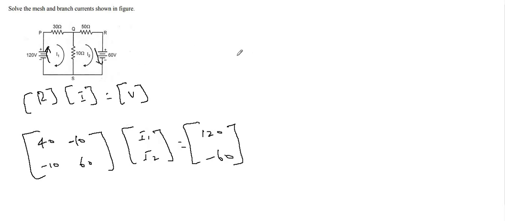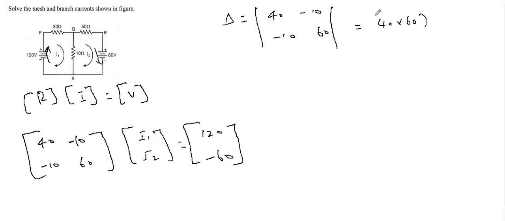This is the value for the V matrix. So now we will solve for del, which is the determinant of 40, minus 10, minus 10, 60. So it is 40 into 60 minus 10 into 10. So 2400 minus 100, this is 2300.